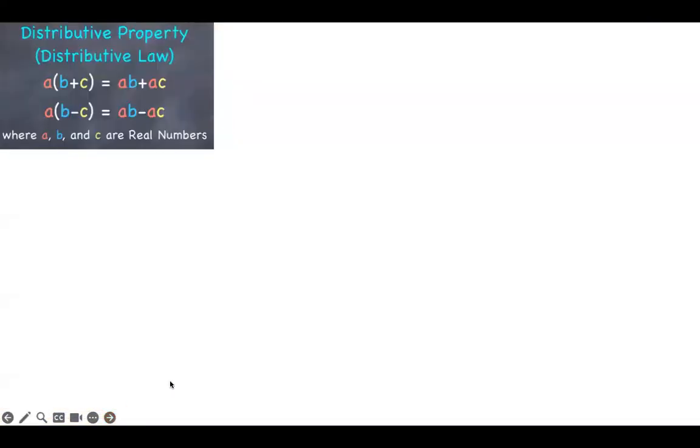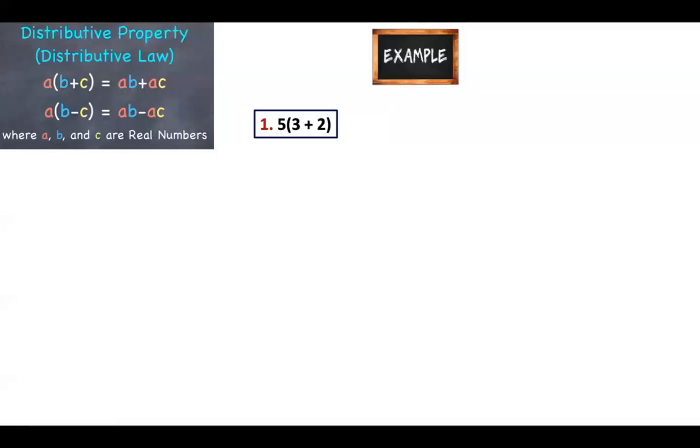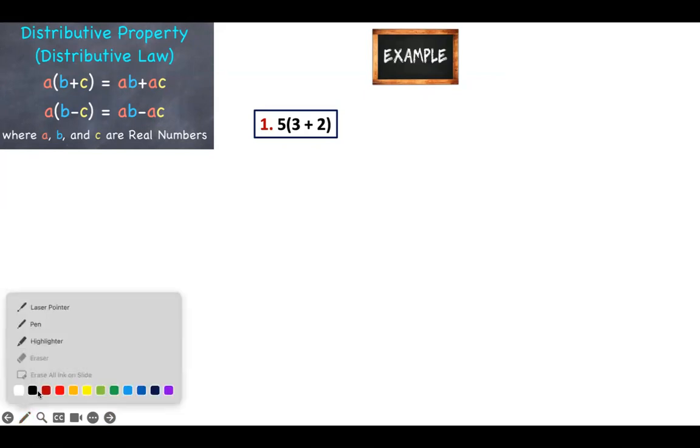All right. Distributive property, this is a very important law or property in algebra because when we do factoring, it's very important to fully understand the distributive law. Okay, so just for the sake of illustration, when I now have 5 times 3 plus 2, let me just write that here.